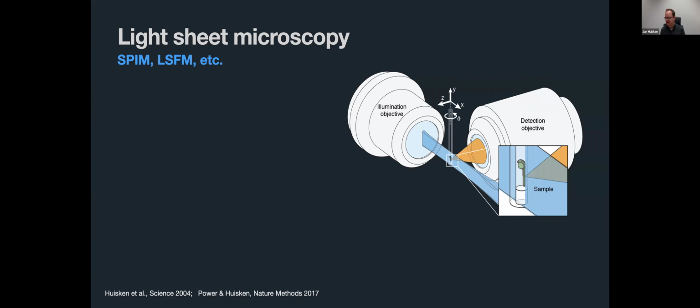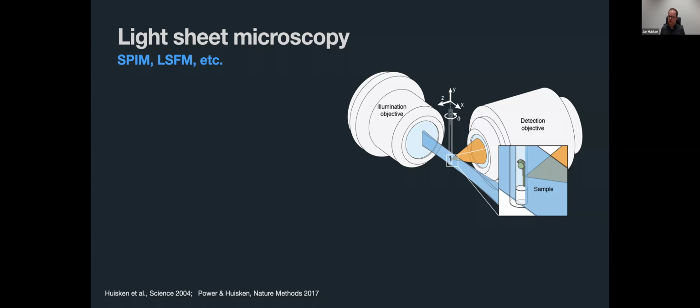You're projecting a thin laser light sheet into the specimen, and then perpendicular to this, you're collecting the fluorescence from the sample. And because you're illuminating only one plane, one thin section in the sample, you directly get optical sectioning in a very gentle, in the most efficient way. You're only exposing a single plane in the sample, and you're not harming anything outside this plane of interest.